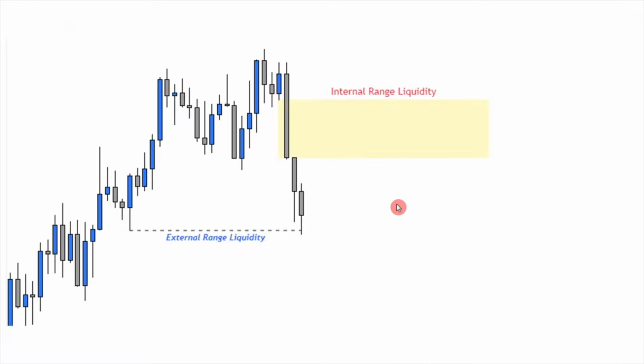Because of this, price often follows a predictable sequence. After the market sweeps external range liquidity, meaning it takes out a previous high or a previous low, it usually transitions towards internal range liquidity to fill the imbalance left behind.